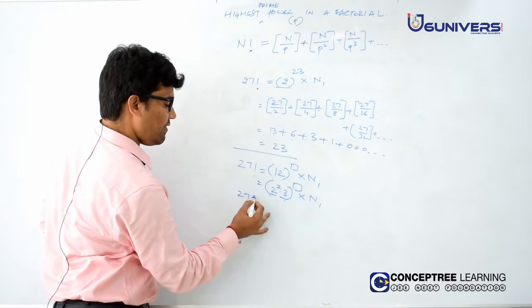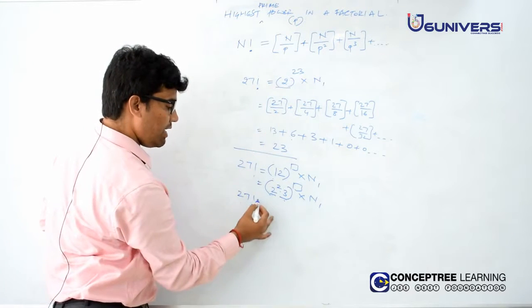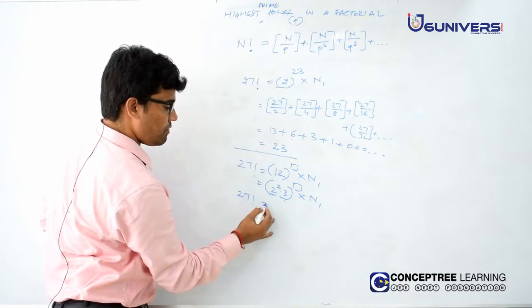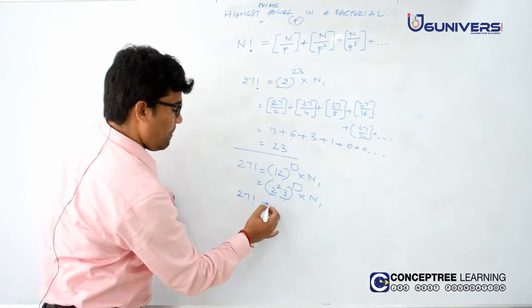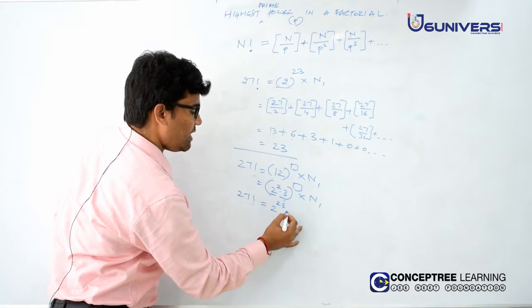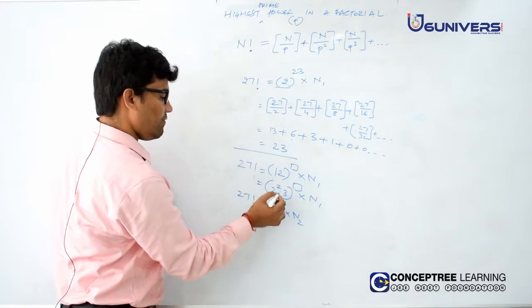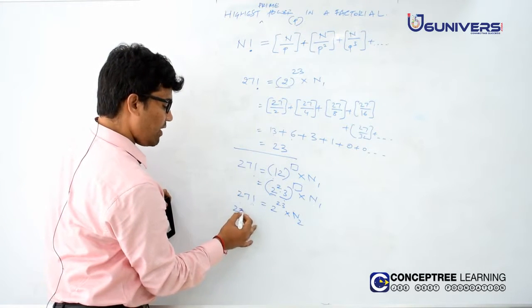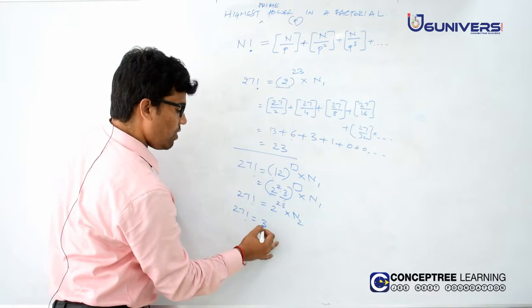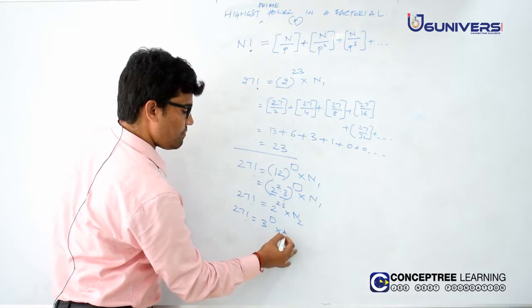For example, 27 factorial we have just figured out can be written as 2 power 23 into some number. Okay, we have just seen that. And the same 27 factorial, we have to figure out what is the 3 power.